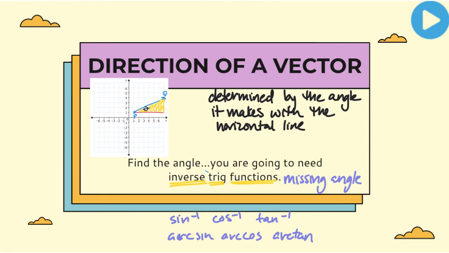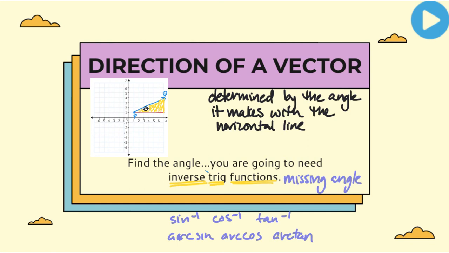I want to point out one more thing here, is that when we're looking for the direction of a vector, these are used in real life applications such as flying airplanes, rocket ships, ships on the sea. So we talk about these magnitudes of vectors in relationship to directions.